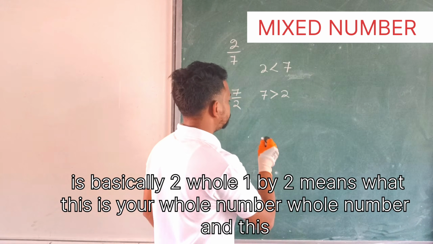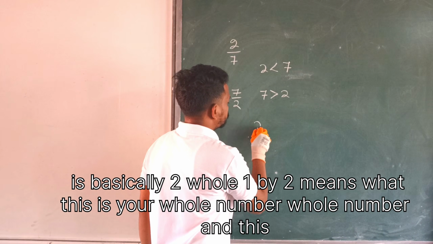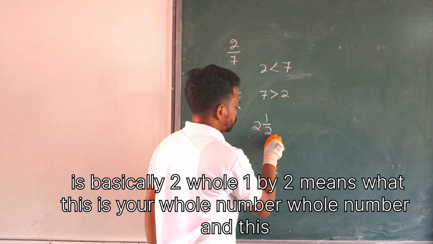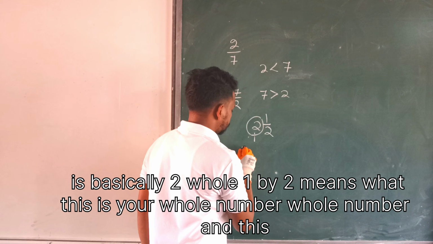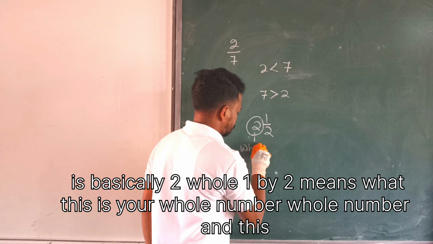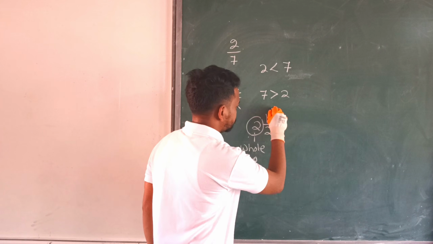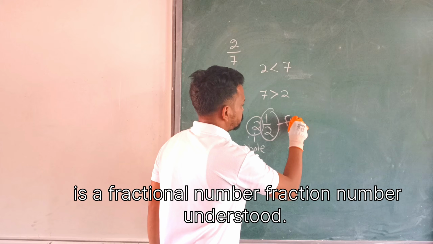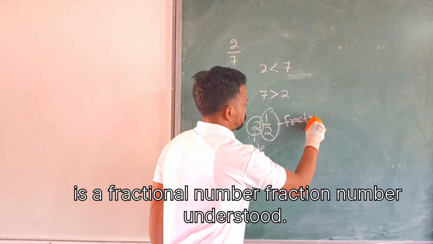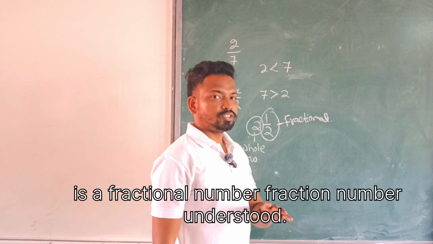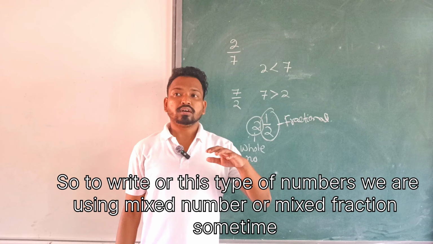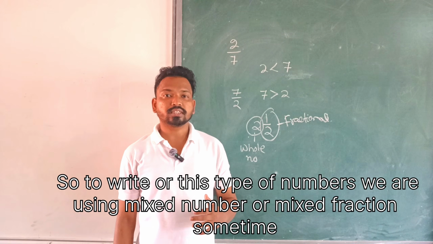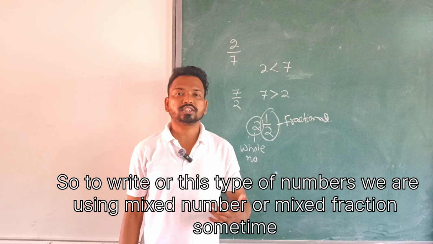That is basically 2 whole 1 by 2. This is your whole number and this is your fractional number. Understood? So to write this type of number, we use a mixed number or mixed fraction.